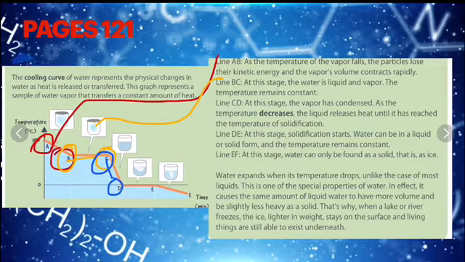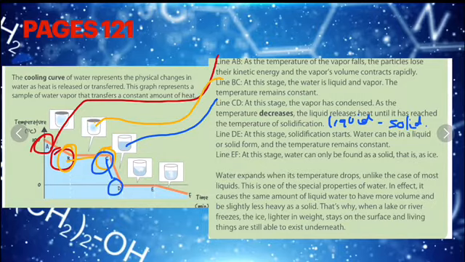As the temperature decreases, the liquid releases heat until it has reached the temperature of solidification. Okay? That means that over here you will have liquid, or water. In this part, the liquid changes to solid, that is called solidification.